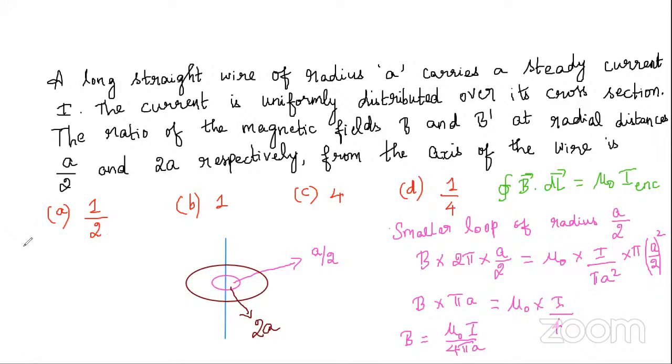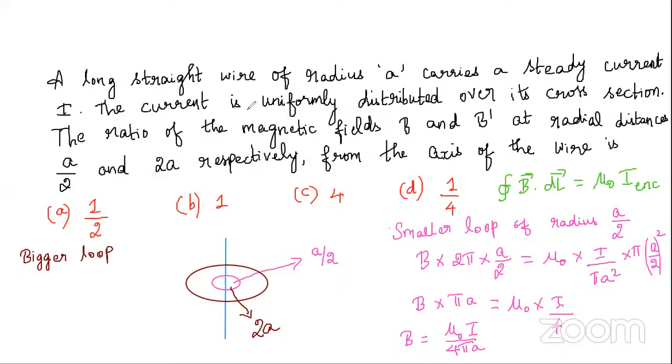So for the bigger loop, the point is now outside because at a radial distance 2a you have to find out.